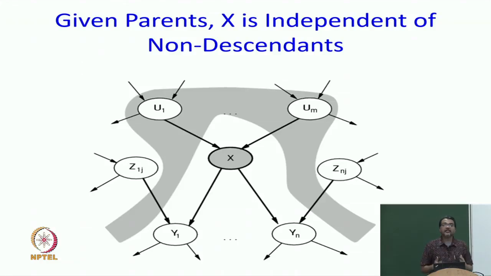A Bayesian network structure represents several conditional independence assumptions. The structure itself encodes some independence assumptions, and one such independence assumption that we did was that given a random variable's parents, a variable x is independent of all non-descendants. Descendants still matter, but non-descendants are independent given the parents.